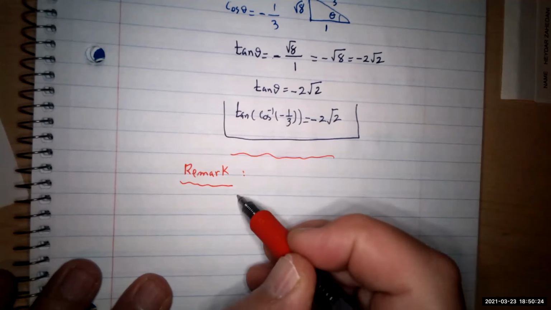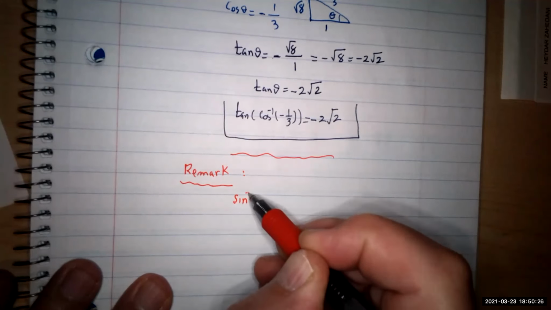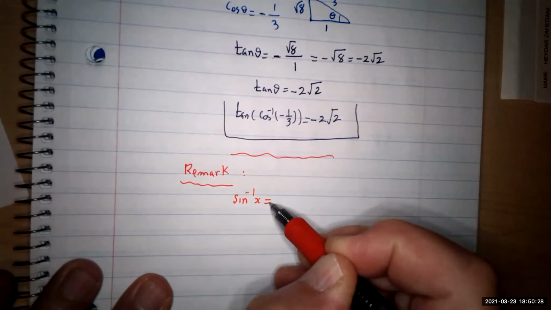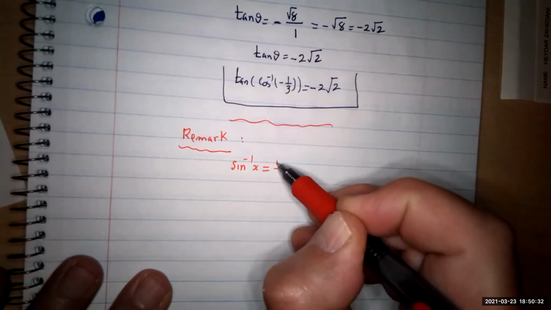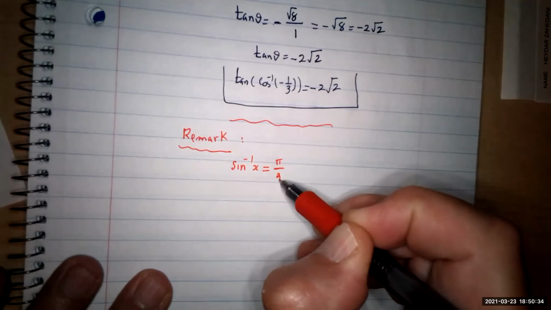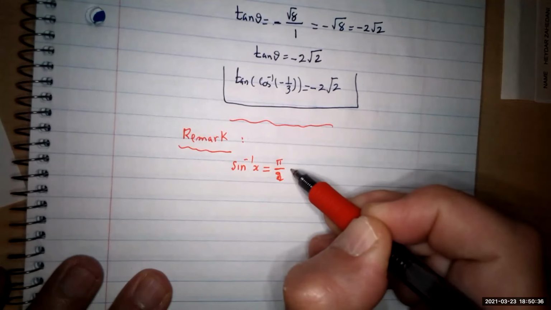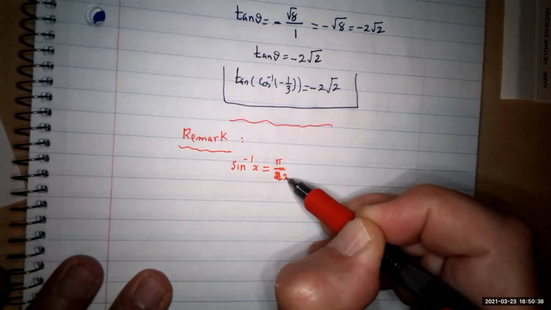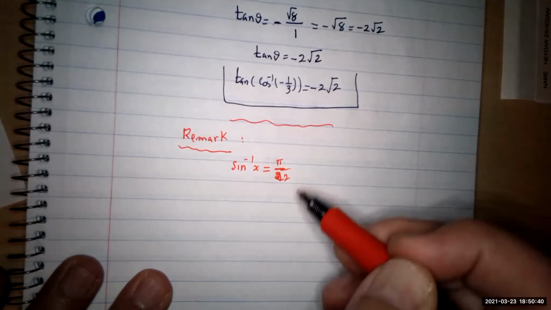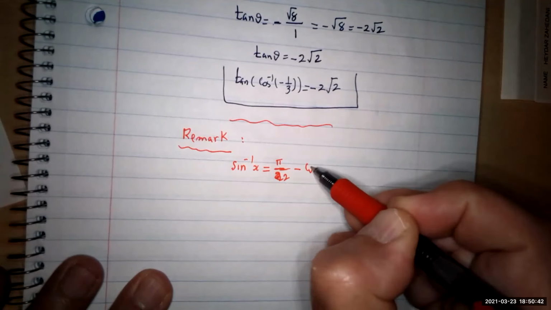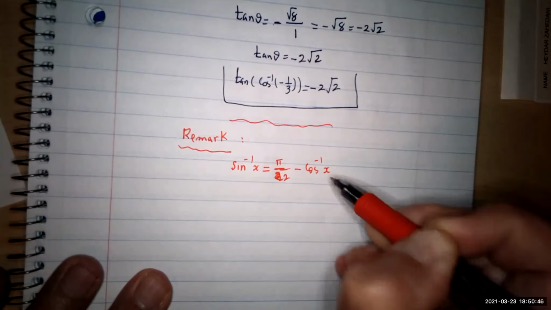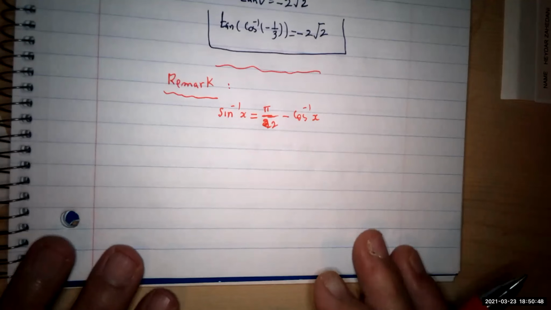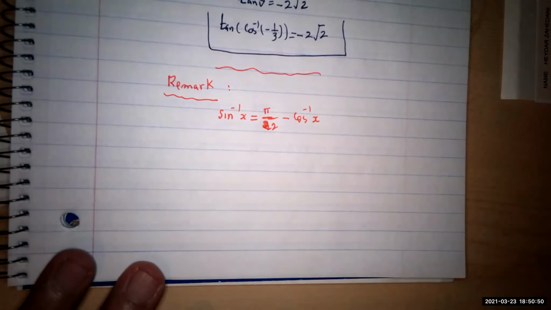You can prove that the sine inverse of x is always equal to pi half, I think it's a minus cosine inverse of x. You see, that's a situation that we are going to have.